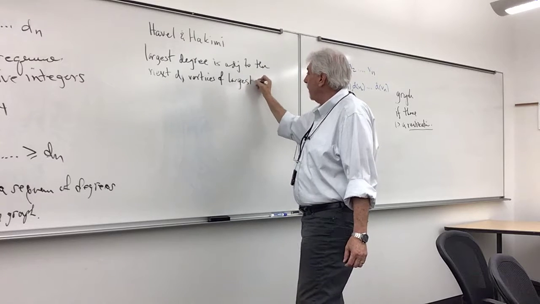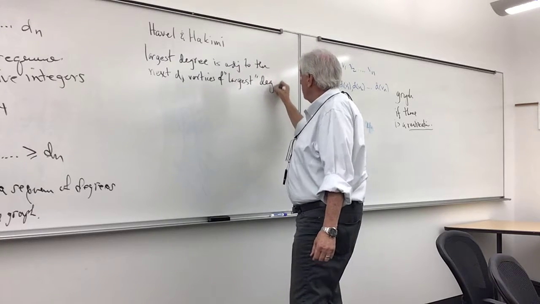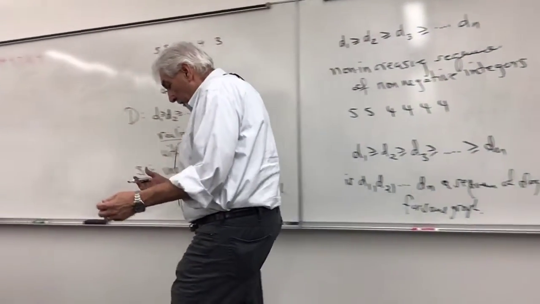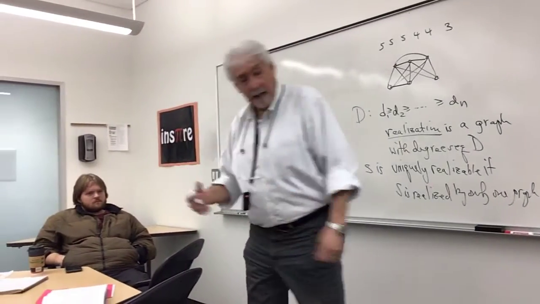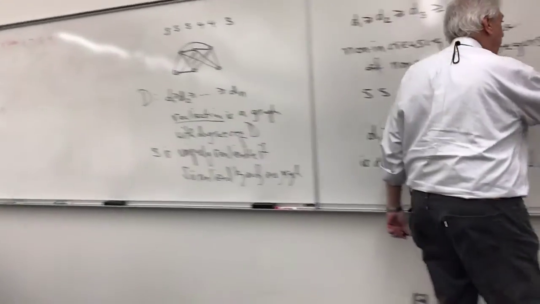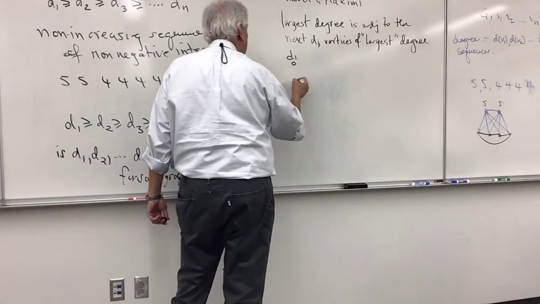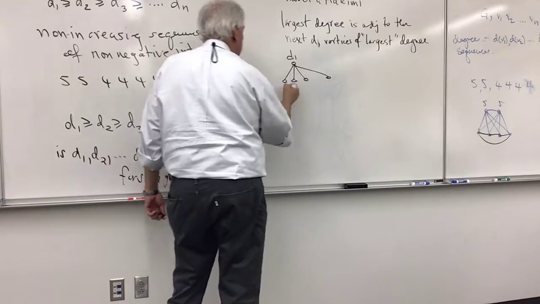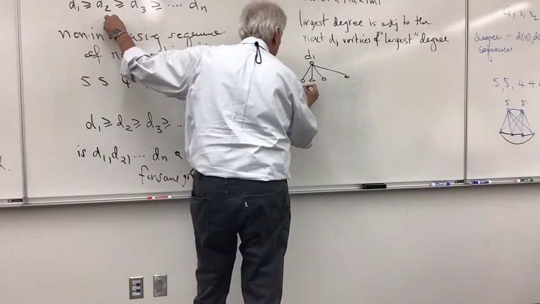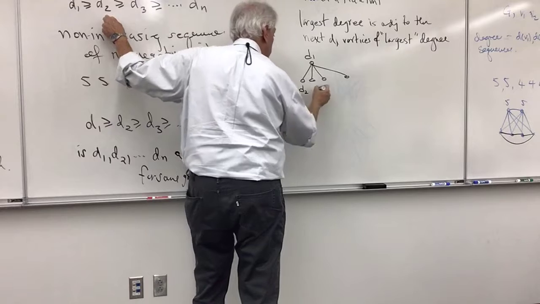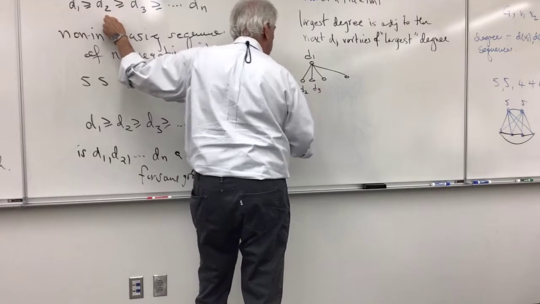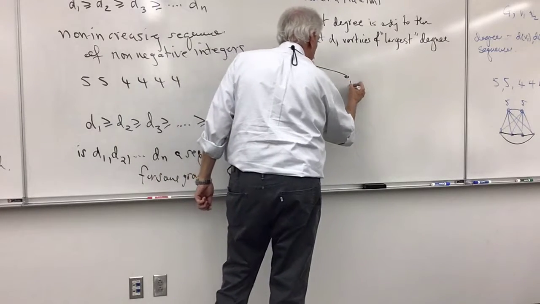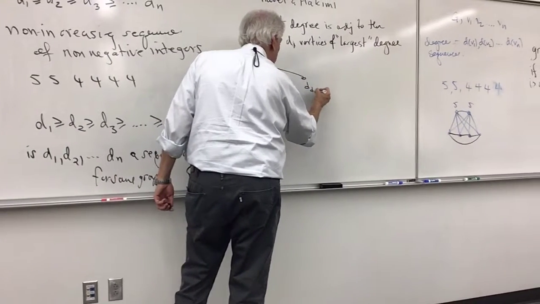Let's go through that for a second. One more time. If there's any realization, then there's also a realization where the vertex of degree D1 is adjacent to the vertices of degree D2, D3, D4, and so on up to D sub D1 plus 1.